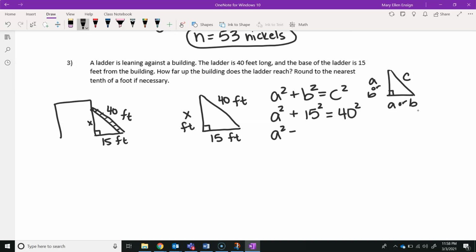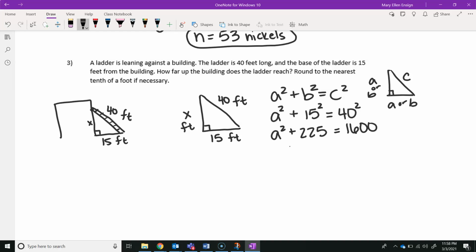So let's go ahead and square these. This is going to be 225, and that will be 1600. Okay, so all I did so far is just square those two numbers. And so now I want to move things around to get a by itself.